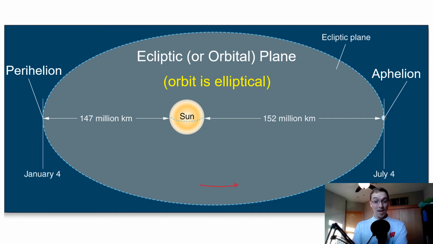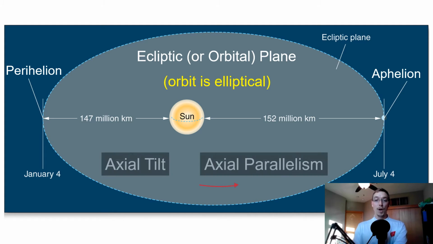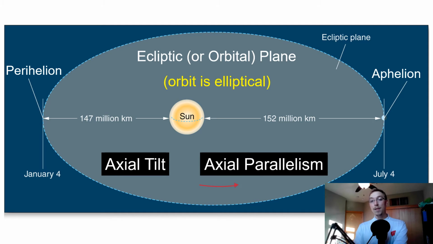So in this video, we're going to stop short of fully describing the seasons, but we're going to set up the concepts here. So first off, we should talk about axial tilt and axial parallelism. While there can be no definitive answer because no one was there to actually watch it happen, it's thought that sometime very, very long ago, something hit the Earth and essentially knocked it off kilter, so to speak.